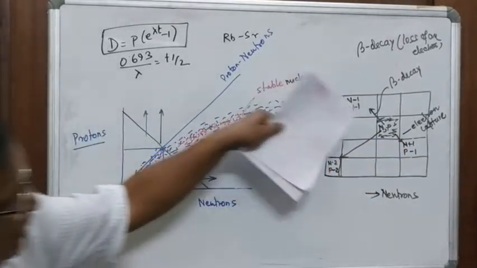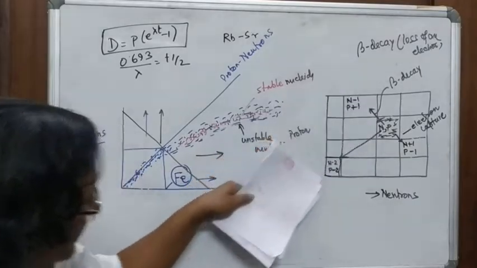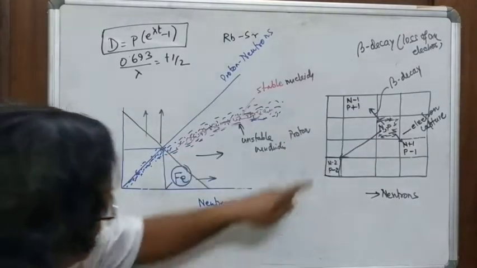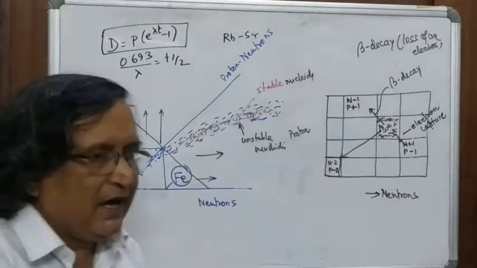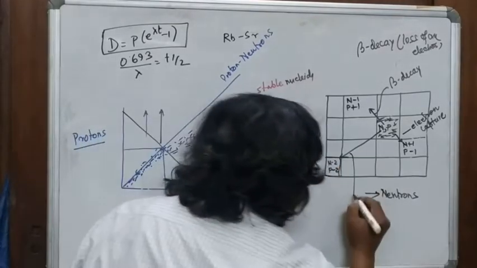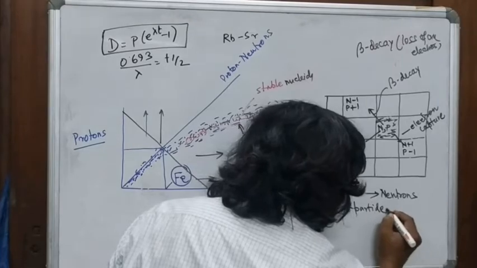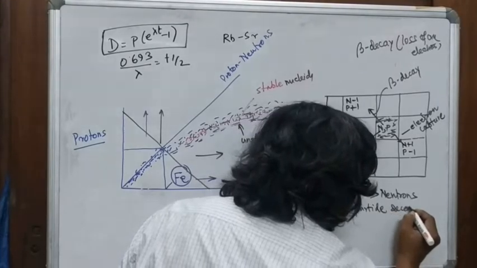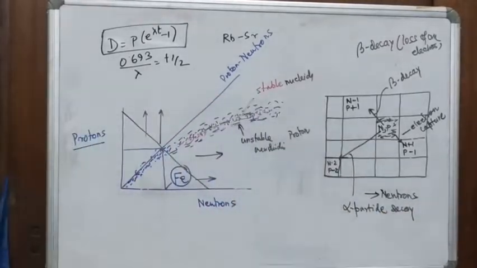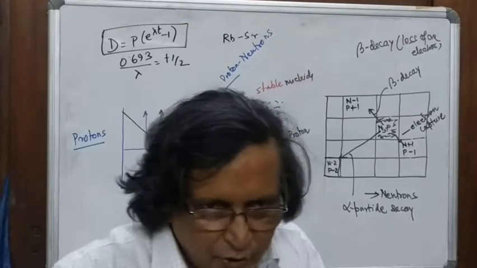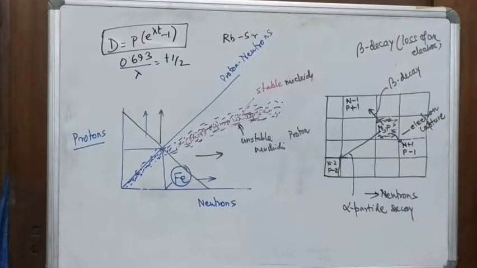Remember, it's at 45 degrees, to the same scale. So this is N minus 2, P minus 2. This is alpha particle decay. Have you understood? So now we can go over to rubidium strontium, but just before that, in order to conclude what I was saying.